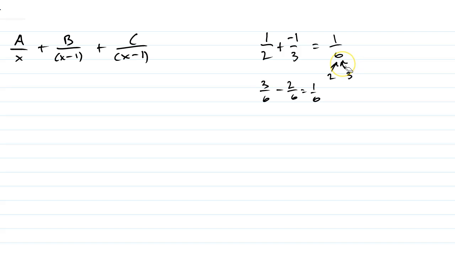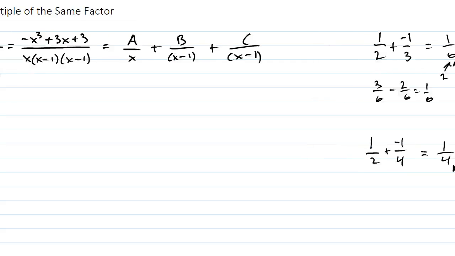But this won't happen if you have multiple factors. So for example, you have 2 times 2 is 4. If you just stick with 2 and 2, you're never going to make a combination of halves that will equal 1/4. So what you have to do is consider 1 over 2, and then both 2's are 2 squared. So if we change that 2 squared into a 4, you could think 1/2 minus 1/4 is a 4th, and then we can have some combinations that work.